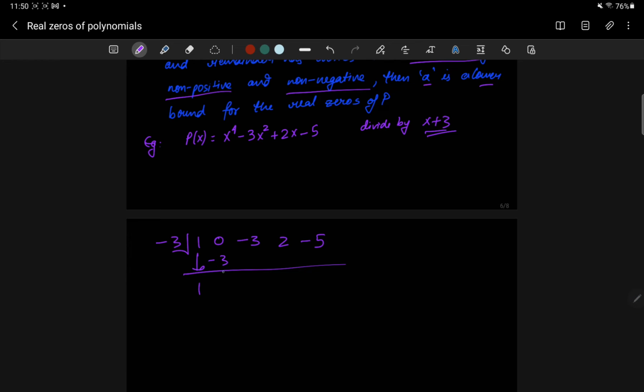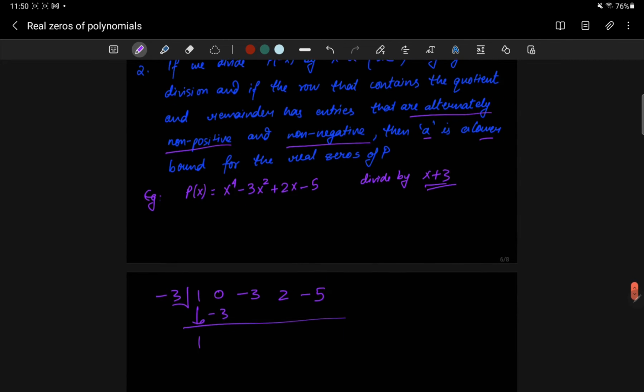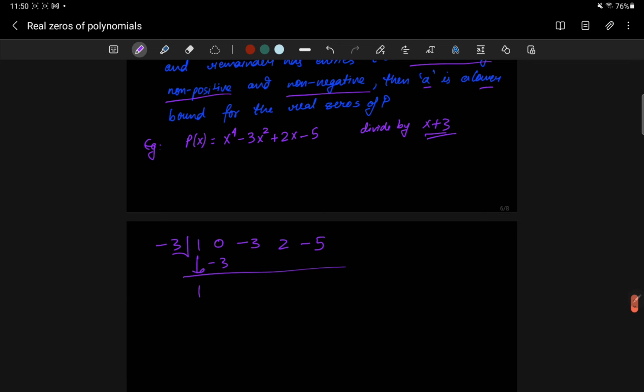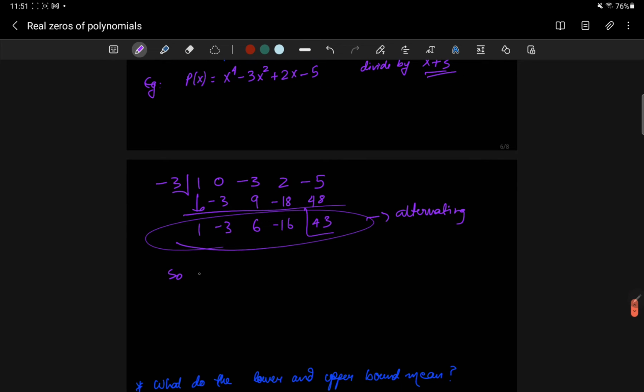That's 1, -3, so 0 minus 3 is -3, -3 times -3 is 9, that's a 6, -18, -16, 48, 43. So what is that? That's alternating. So all roots of p(x) are greater than -3.